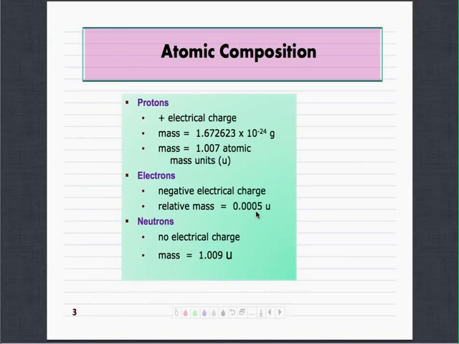Now, the neutron has no electric charge, and its mass is very close to the mass of the proton, equal to 1 mass unit. In other words, the mass of the atom is coming from the nucleus, not from the electrons around it, because their mass is very tiny compared to the nucleus.